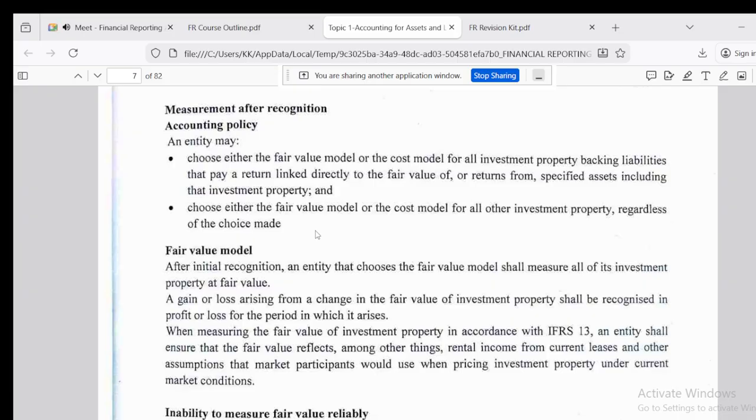You go ahead and pay for this piece of land, being that you are rushing, and the fair value or actual value is maybe low.